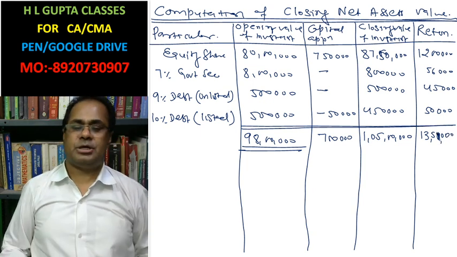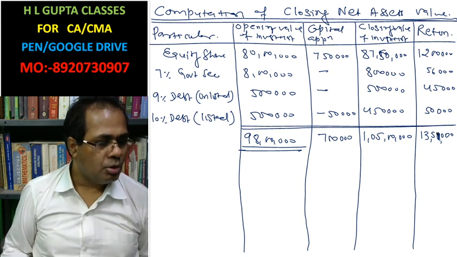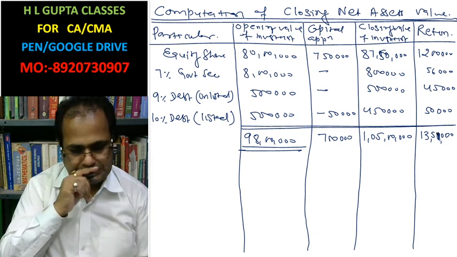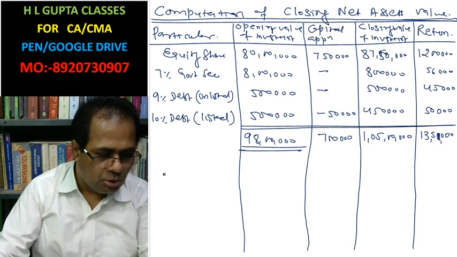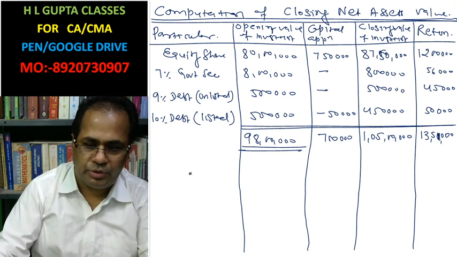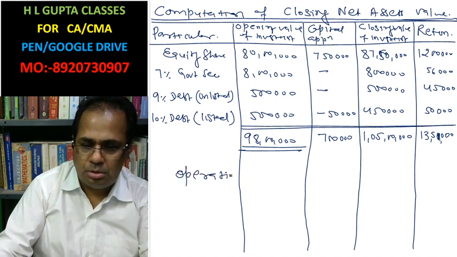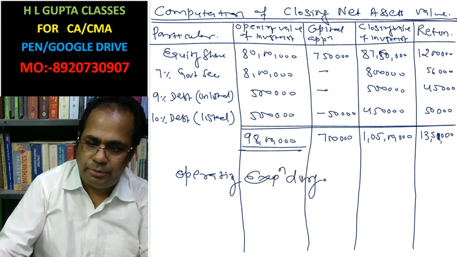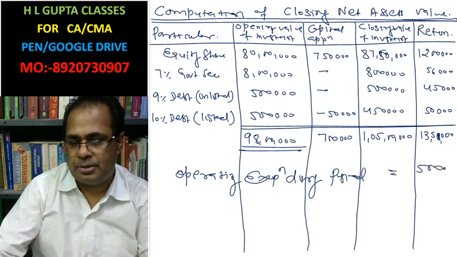Operating expenses during the period are 5 lakh.